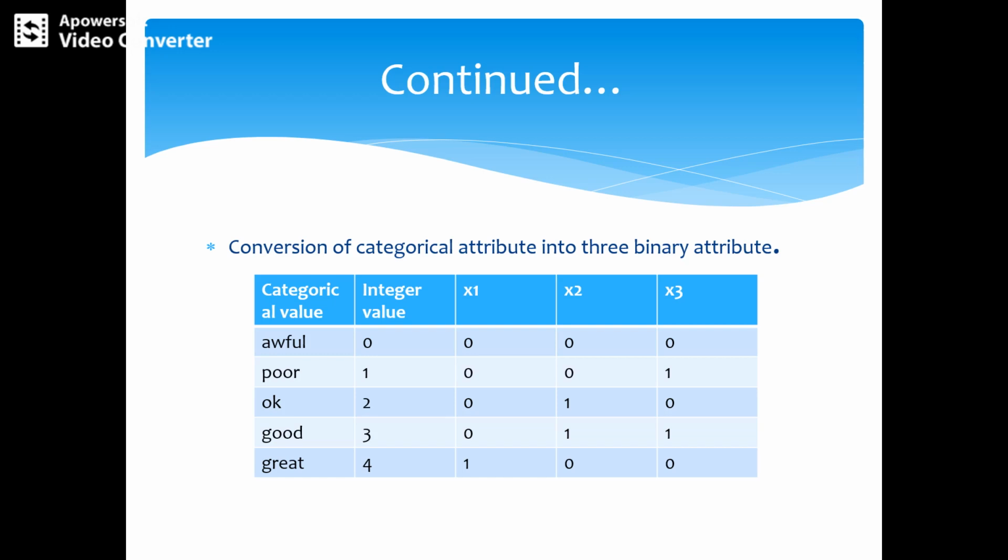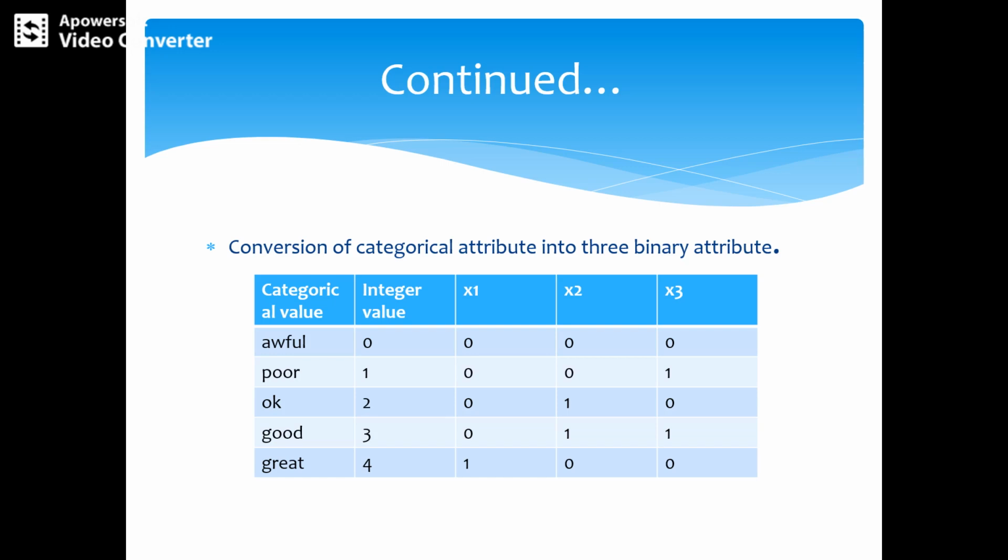Similarly, good is 3, so 0, 1, 1. Great is 4, so 1, 0, 0.